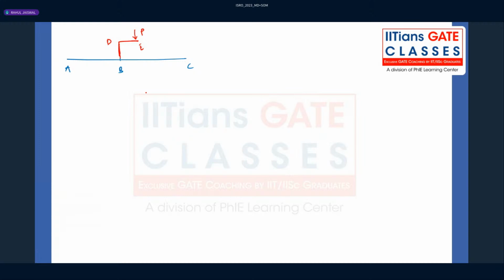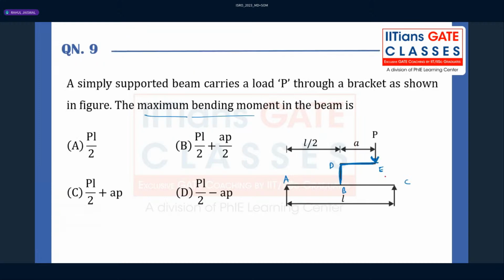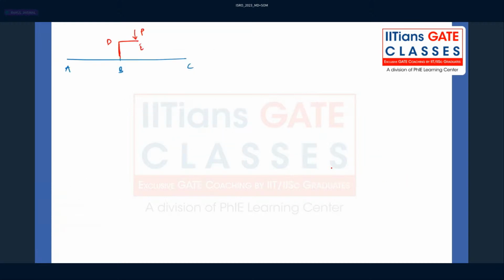So now when we take the dimensions, there is a dimension of A. Here we have L, L by 2, L by 2. And of course, we do have the reaction forces, RA and RC.